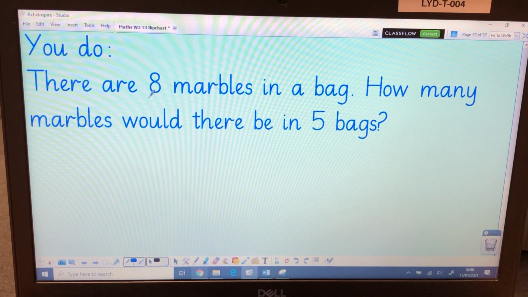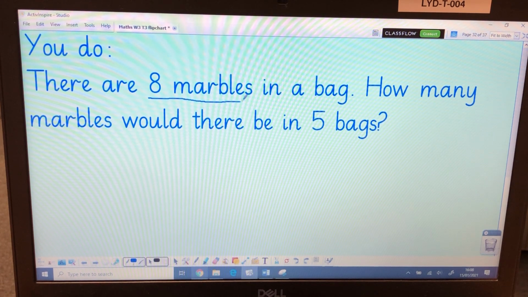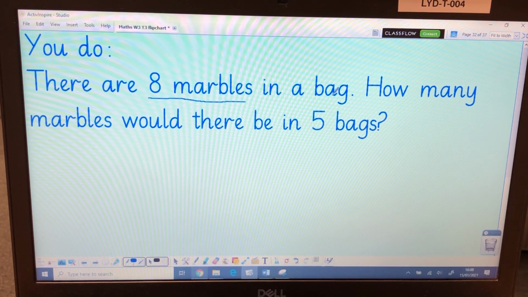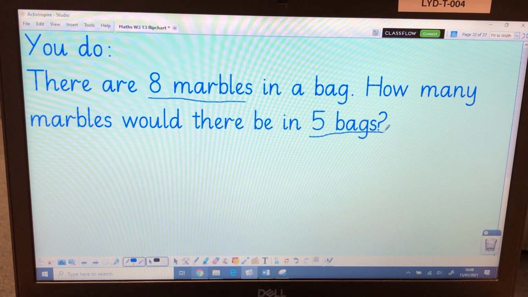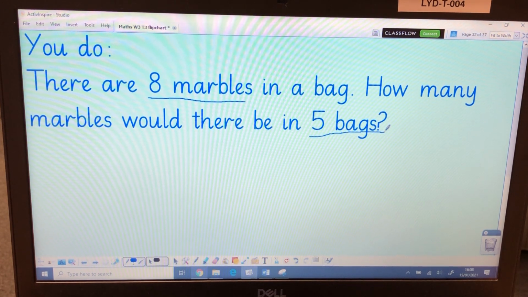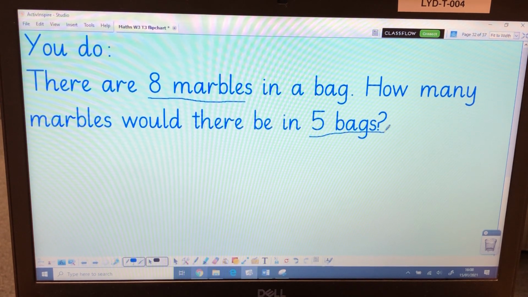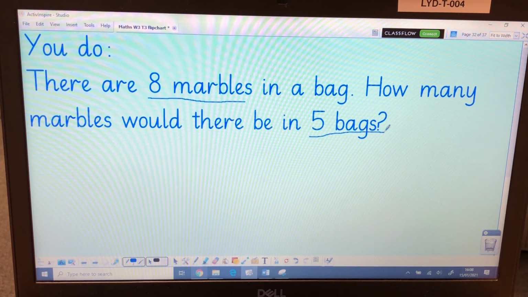Let's underline our key information. I know there are 8 marbles in a bag, and I need to find out how many marbles there are in 5 bags. So what would our number sentence be? And our answer? Pause it there, work it out, and I'm going to go through the answer now.